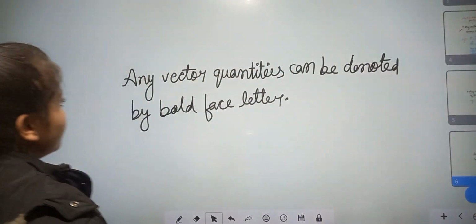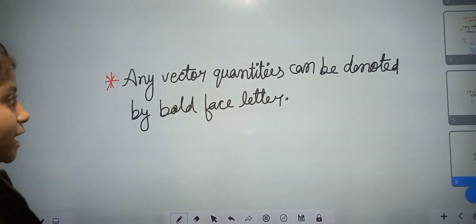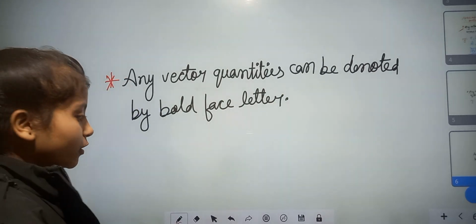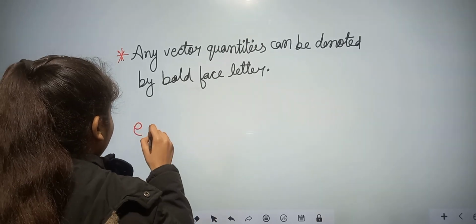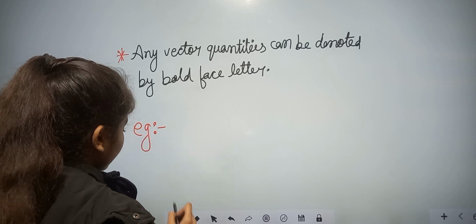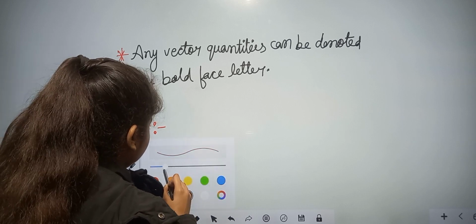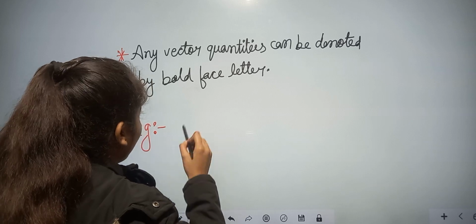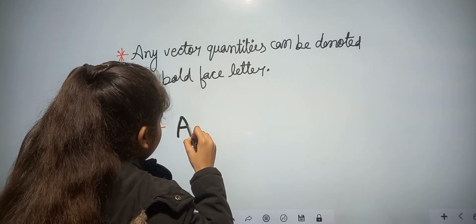And our third one is any vector quantity can be denoted by a bold-faced letter. What is the meaning of a bold-faced letter? So let's see with the help of examples. It means we have to write a bold letter like this, okay?